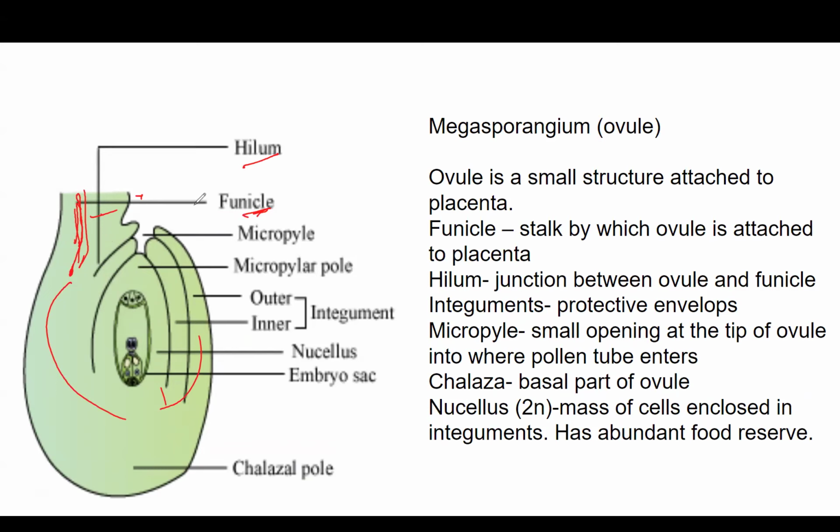What is the hilum? The hilum is the junction between the ovule and the funicle, where the funicle gets attached to the ovule.